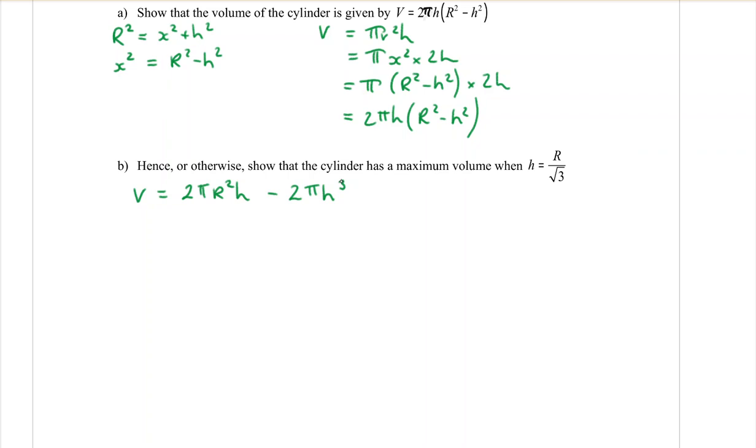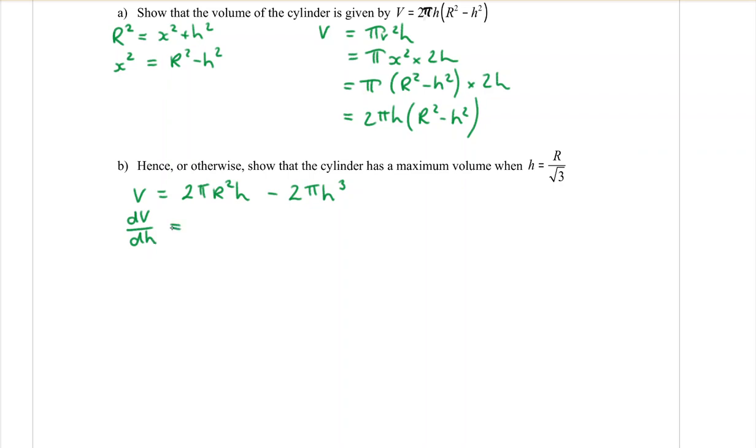So for this one, it is not ideal to be putting a V dash here, because I would then be going, which one are you differentiating? Have you identified which pronumeral out of here you are differentiating? So it's best if you went to the long version for this, indicating I am differentiating the volume with respect to the h in the equation, not the capital R. I'm only differentiating the h.